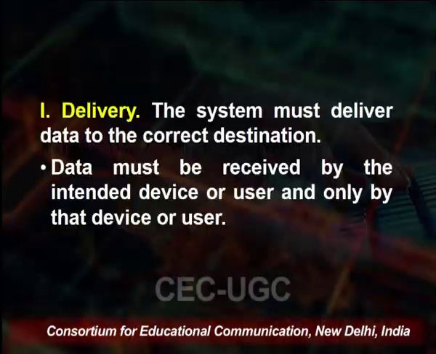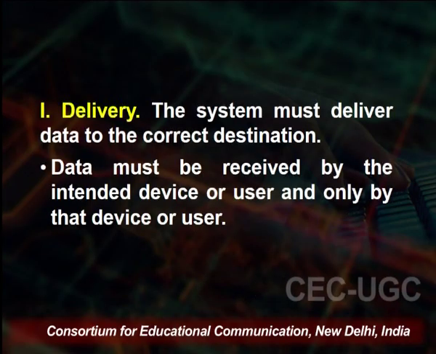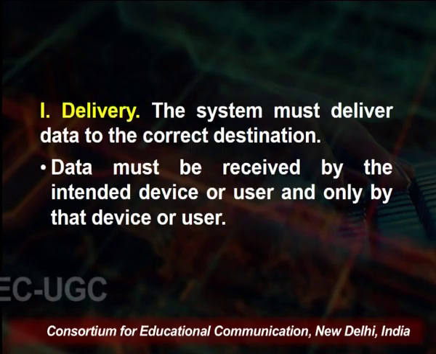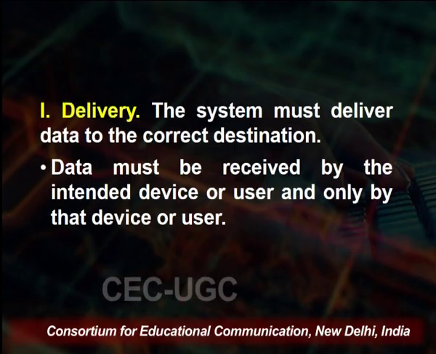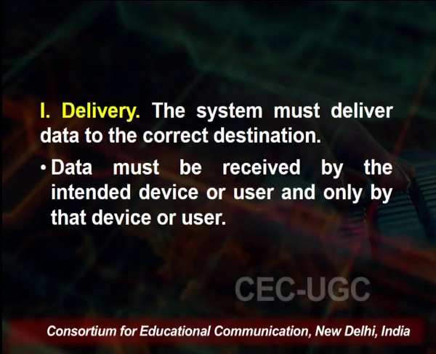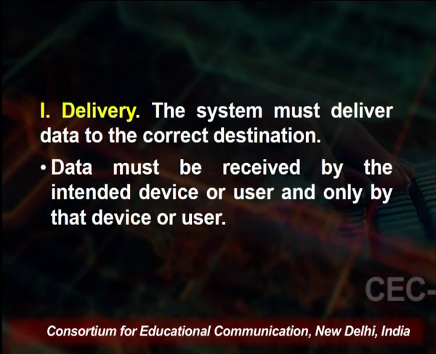Let us see them one by one. If we talk about delivery, the system must deliver data to the correct destination. Data must be received by the intended device or user, and only by that particular device or user.